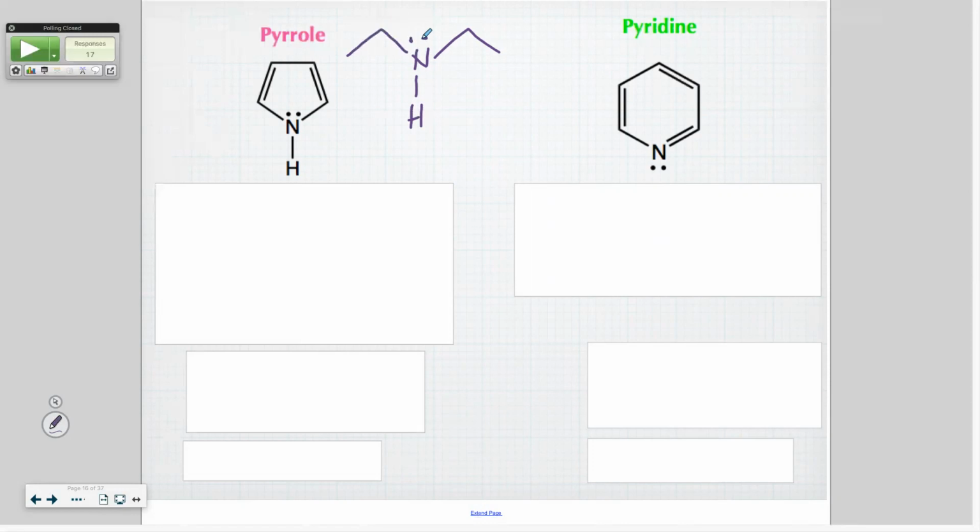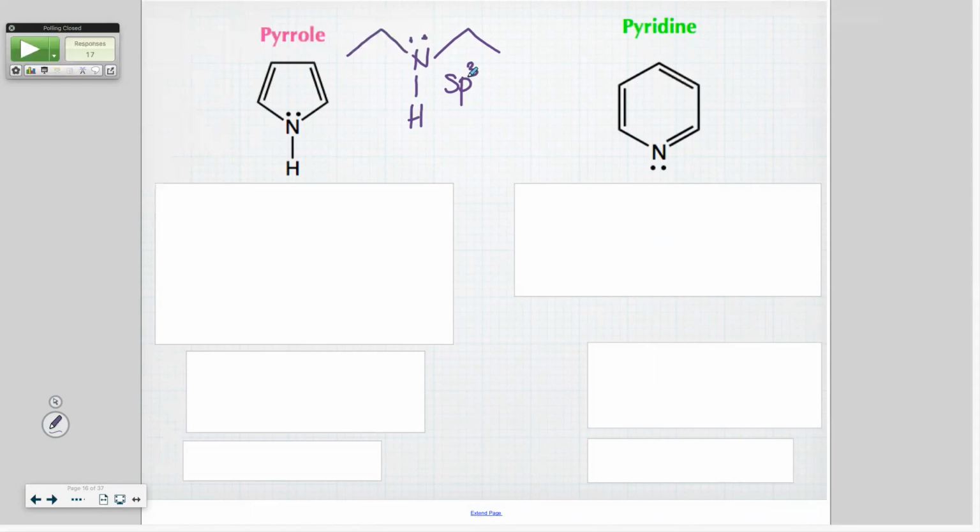Well, how many sites of electron density are around the nitrogen? 1, 2, 3, 4. So this would be sp3 hybridized. Okay? The thing about heteroatoms is they will change their hybridization if it would make the molecule aromatic.